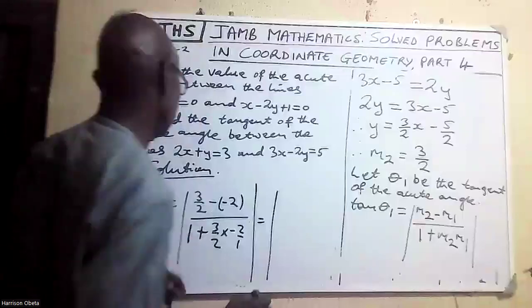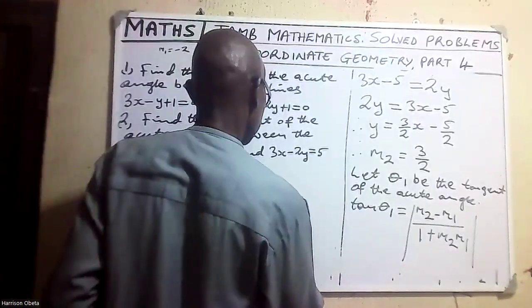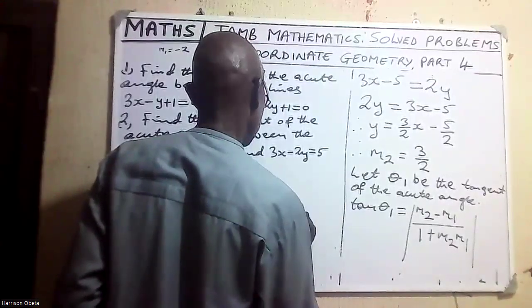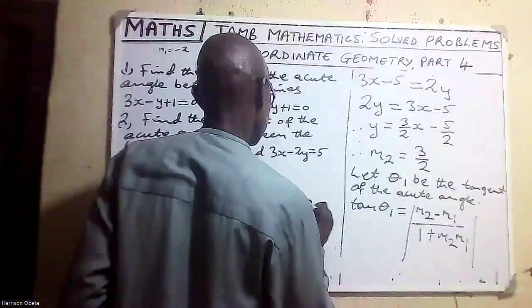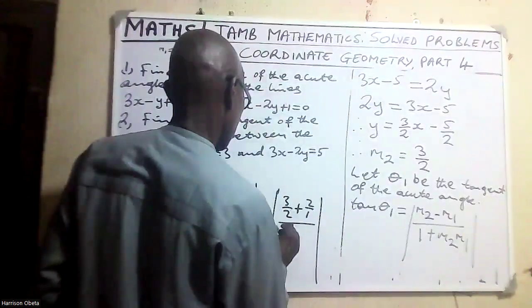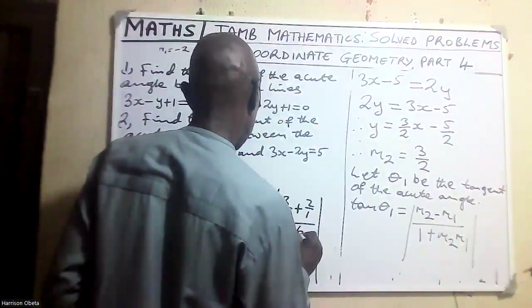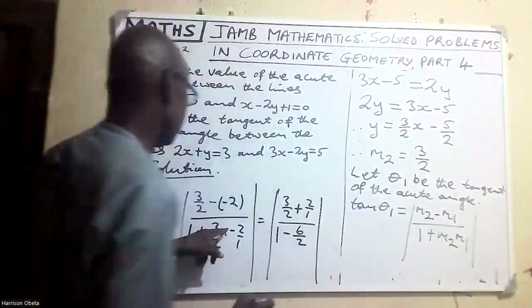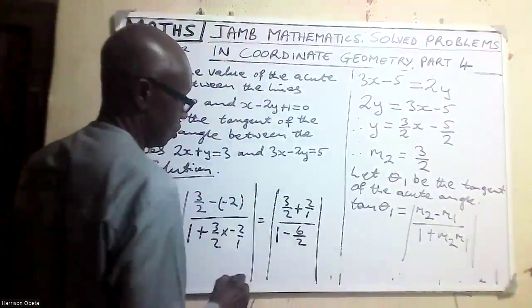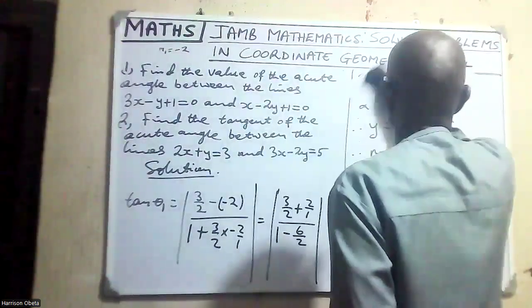To simplify, the upper part will be 3 over 2 plus 2 over 1, all over 1 minus 6 over 2. So from there, we'll move on.